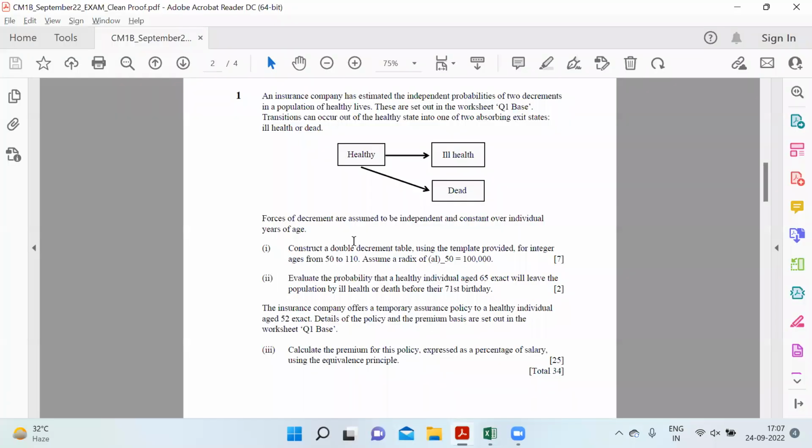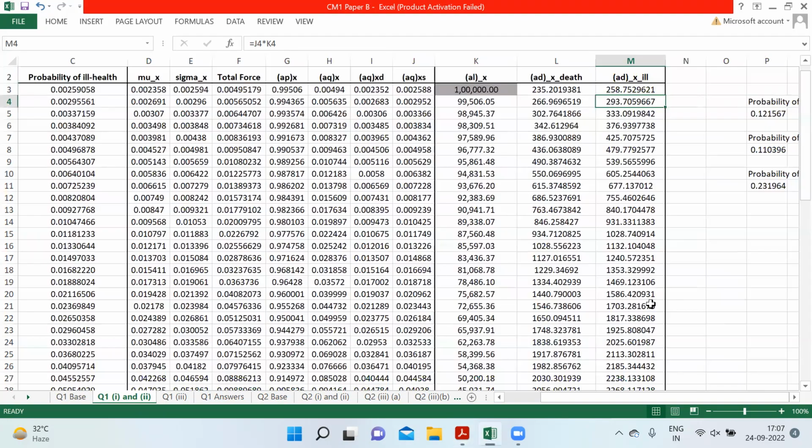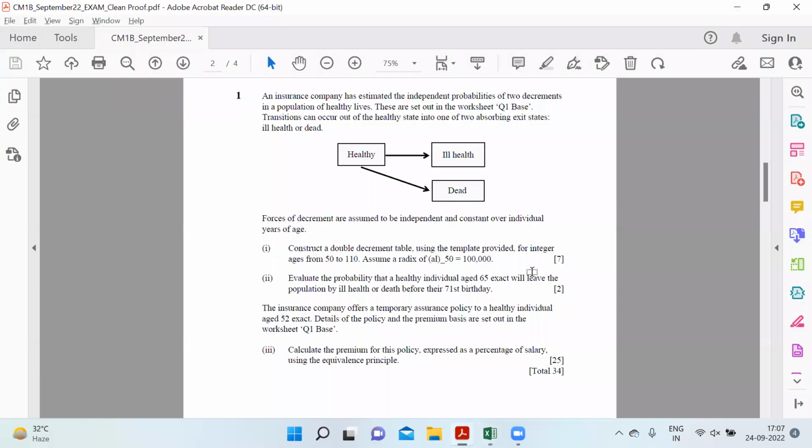Then we have to evaluate the probability that the healthy individual aged 65 will leave the population by ill health or death before 71st birthday. So before 71st birthday, a person who is currently aged 65.